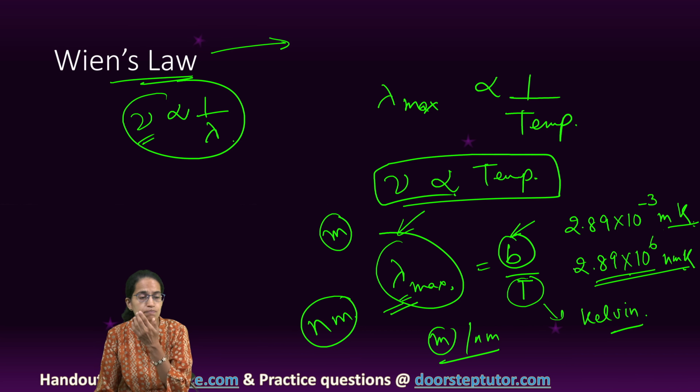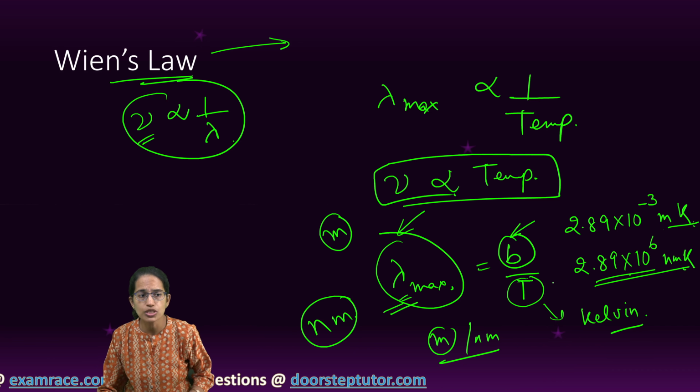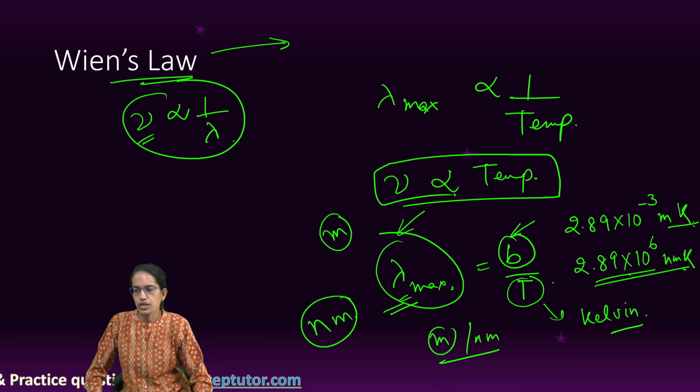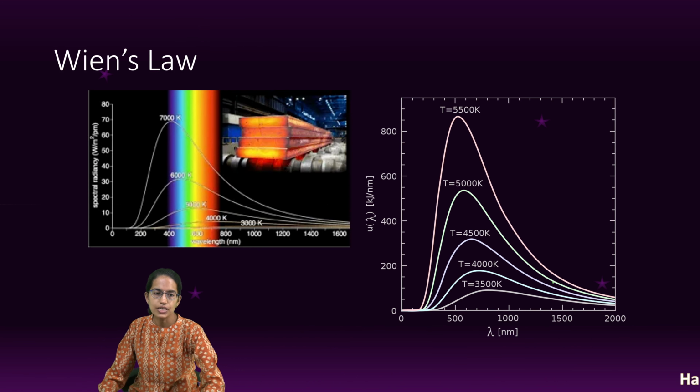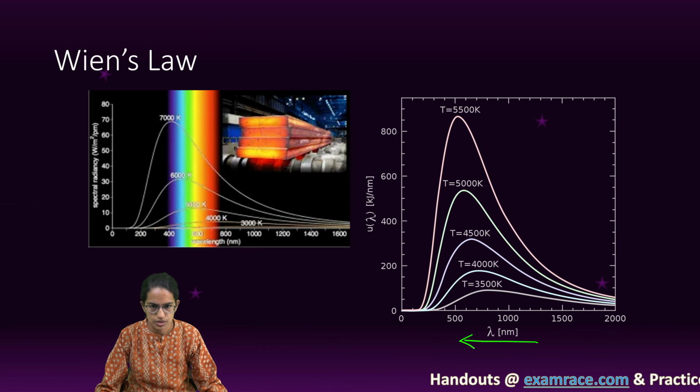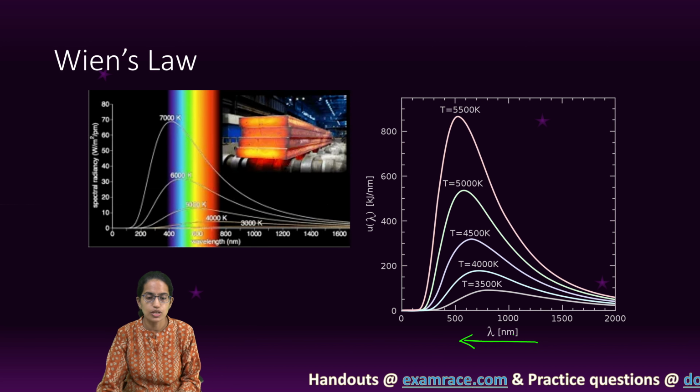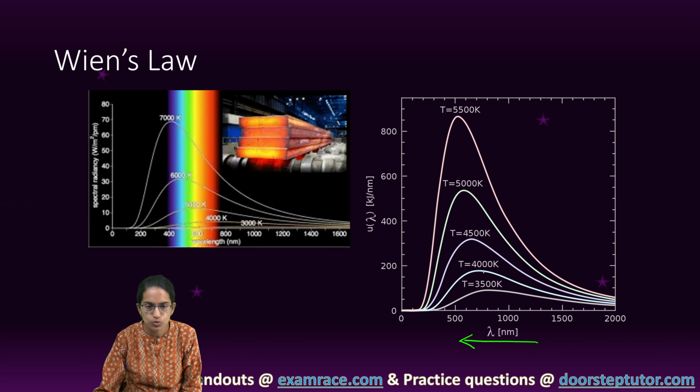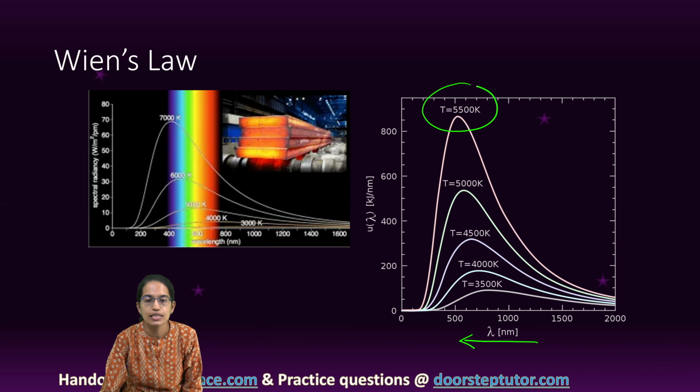So, Kelvin would cancel out and we would have the wavelength in meters or nanometers, whatever constant you have taken. Now, the most important thing about Wien's law is that, as we can see in the diagram here, as the wavelength reduces, understand this diagram carefully, the temperature increases.